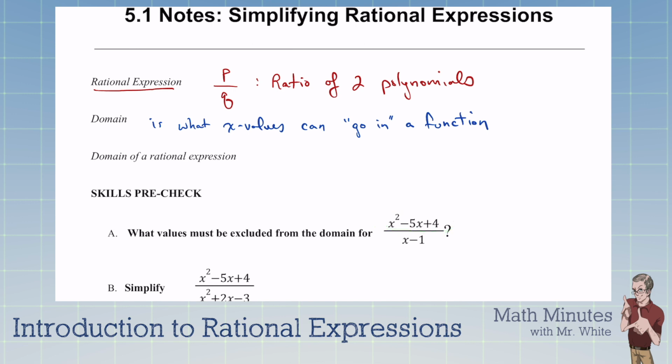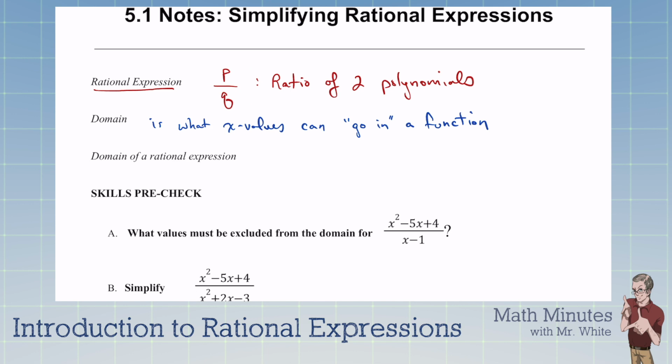And if you're just looking at x minus 1, you could plug anything you want in there. Negative 3, 0, 1. If you plug 1 in, you get 0. That's no big deal, right? So the domain is what's allowed to be plugged in. And these polynomials, the numerator and the denominator separately, have domain of all real numbers.